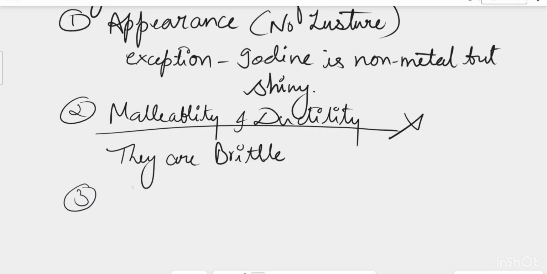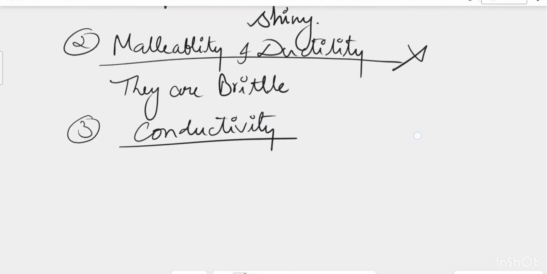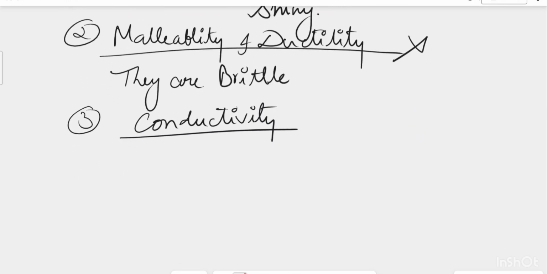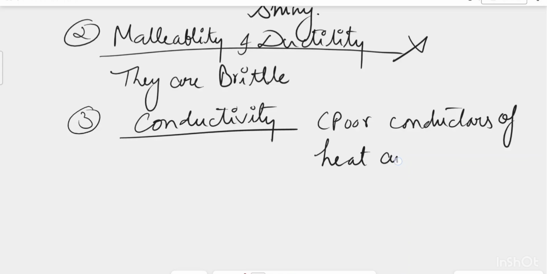Then number third is conductivity. Non-metals are poor conductors of heat and electricity.